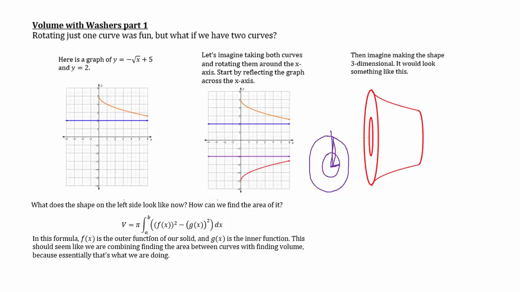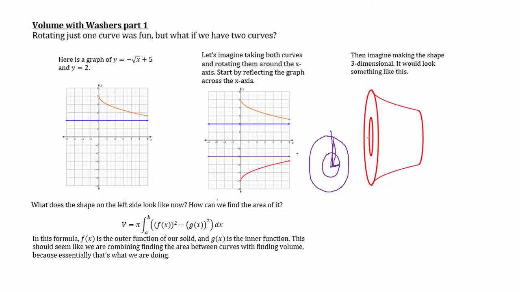The biggest thing to make sure you know on this is just like our area between the two curves, where we did the top curve minus the bottom curve. Here, f of x is our outer function, if we imagine rotating, and g of x is the inner function. For the most part, that's going to mean the function on top comes before the function on bottom.